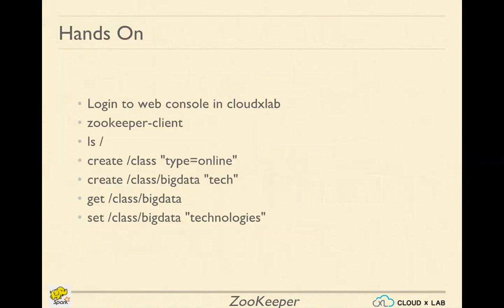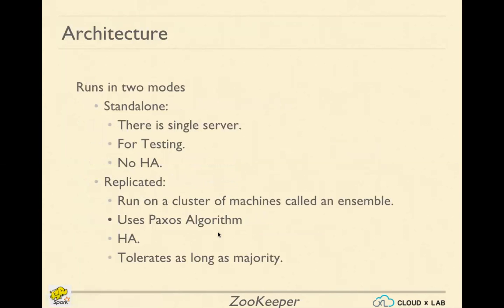So we have done this already. These two parts you can try on your own, by setting data to a particular Z node at a later point of time. Now the second part. In the first part we created the Z node and did the hands-on as well.